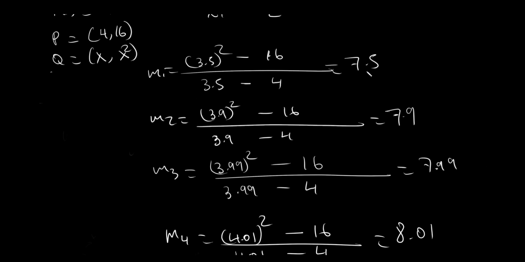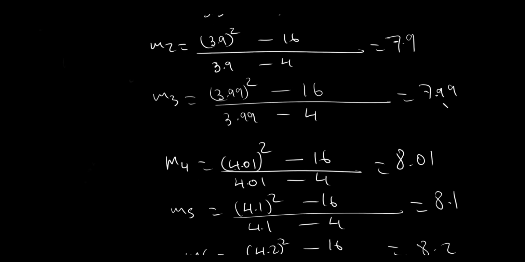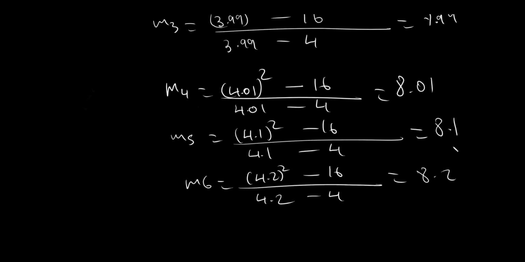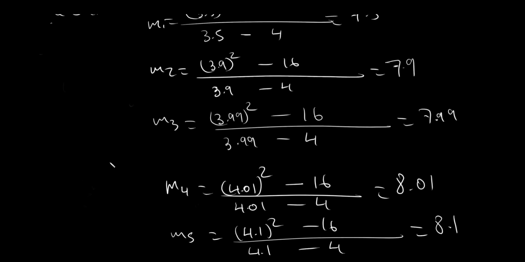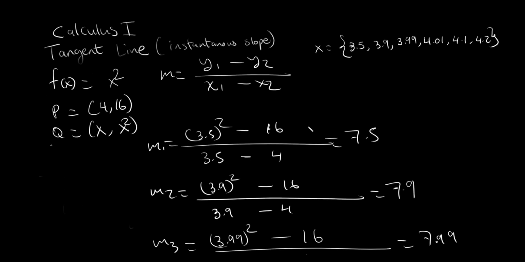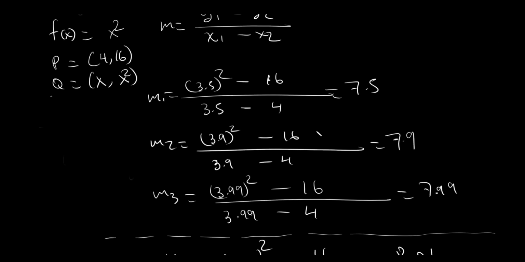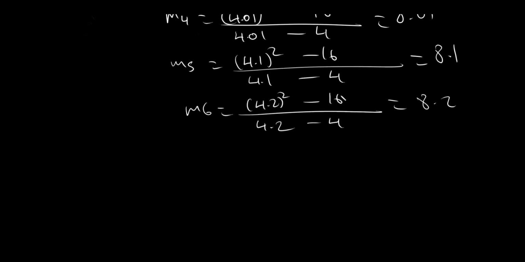Hopefully you know where this is going. We got 7.5, 7.9, 7.99, 8.01, 8.1, 8.2. I have taken 3 points at the left of my point P, and 3 points at the right of my point P as well. So left and right, and they're both approaching like this. You need to be reminded of that.